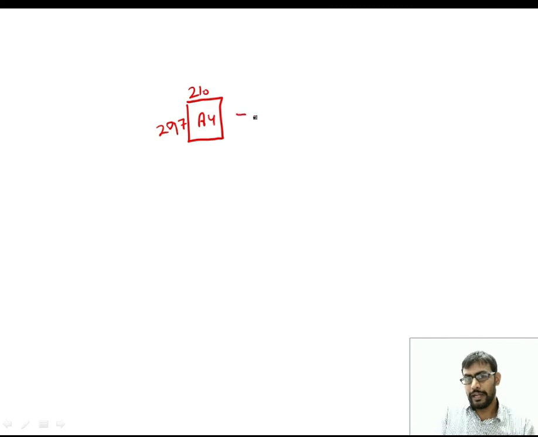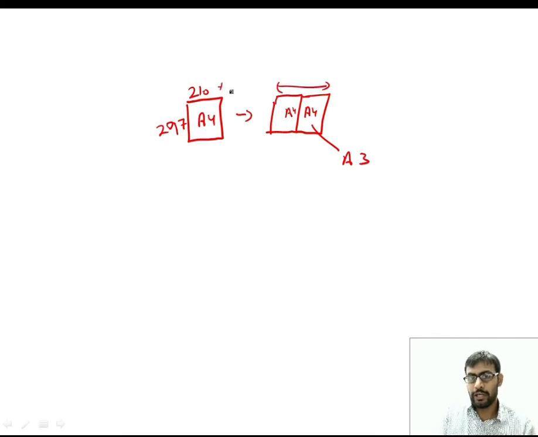For the A3 sheet, it becomes twice. Twice the width of A4 becomes the length of A3, so 210 into 2 is 420, and the length of A4 becomes the width of A3, so 297 mm. All dimensions are in mm.